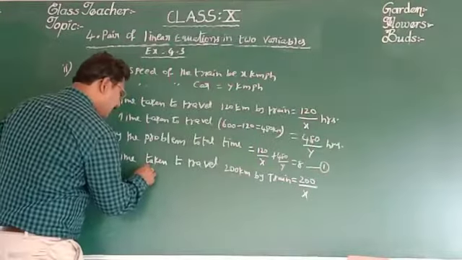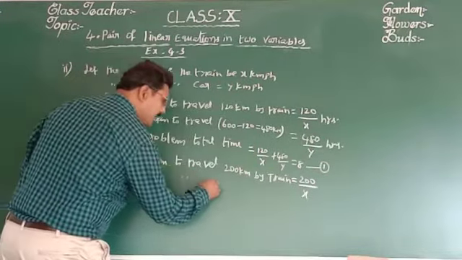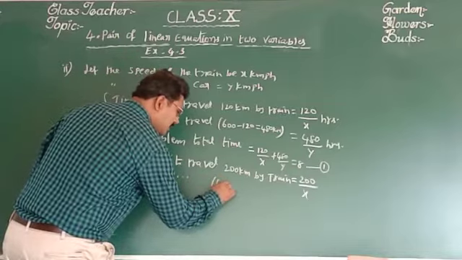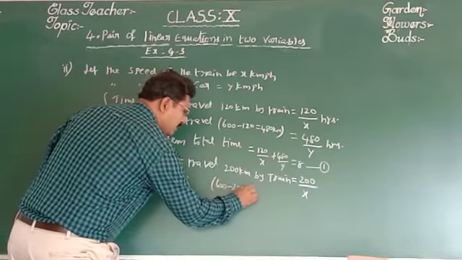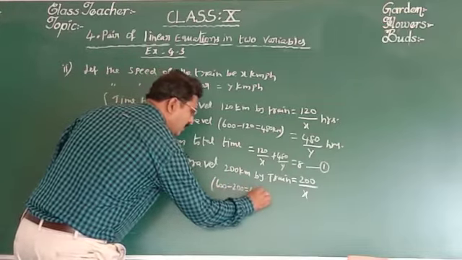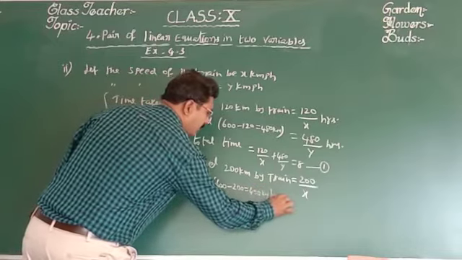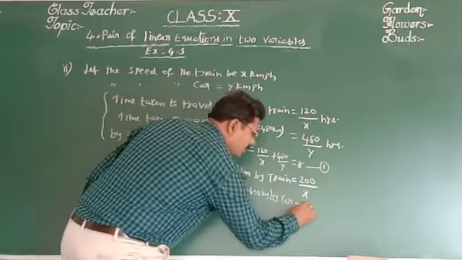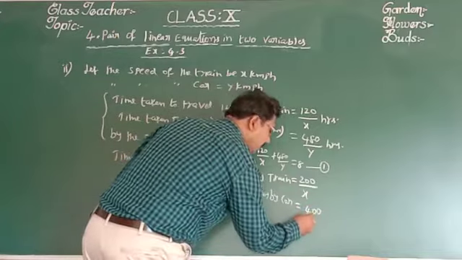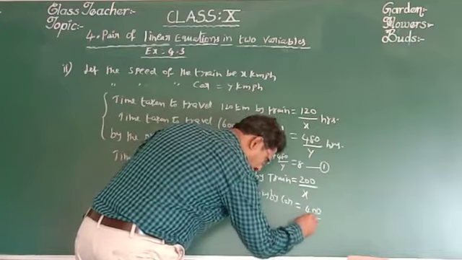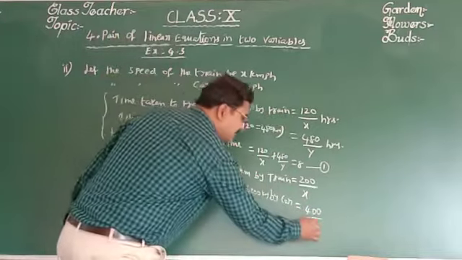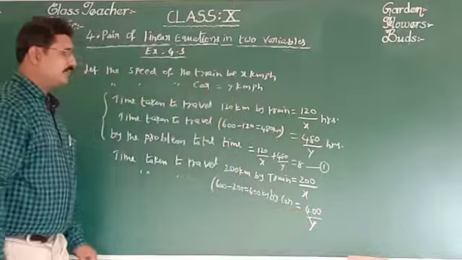So the distance by car is 600 minus 200, which is 400 kilometers, so the time by car is 400 by y.